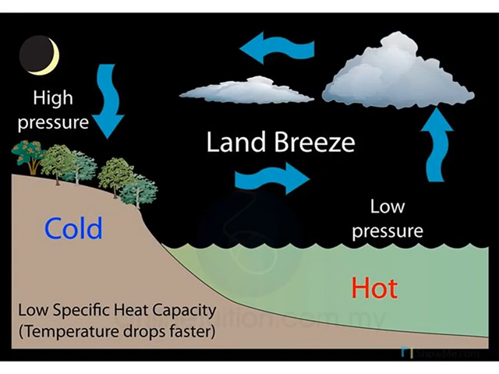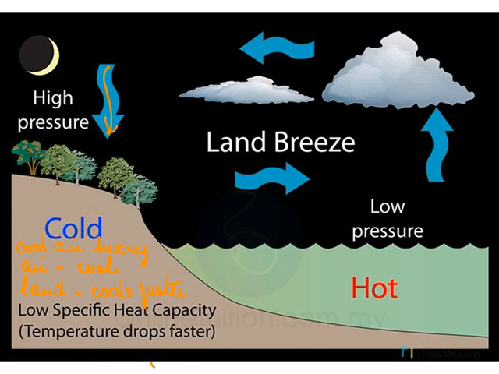Now what happens at night? At night, there is no heating, the land cools much faster than the water. So the air above is also cool, and cool air settles down. Cool air is heavy and it settles down.